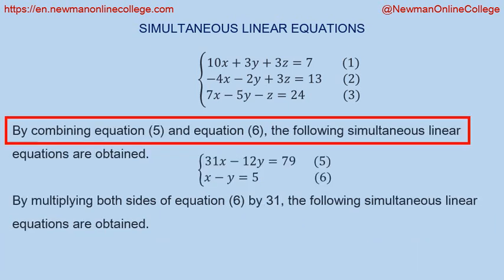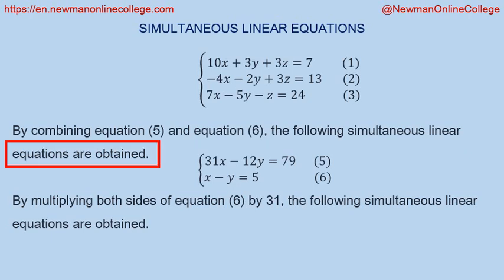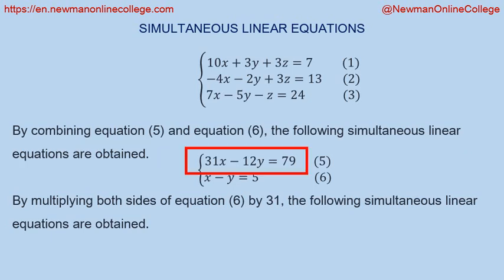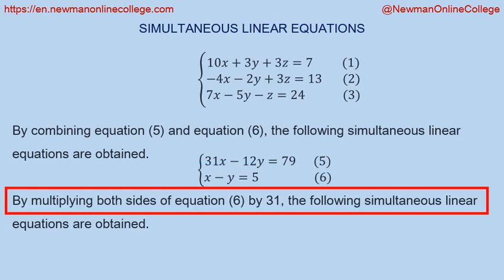By combining equation 5 and equation 6, the following simultaneous linear equations are obtained. 31x minus 12y equals 79. X minus y equals 5. By multiplying both sides of equation 6 by 31, the following simultaneous linear equations are obtained.